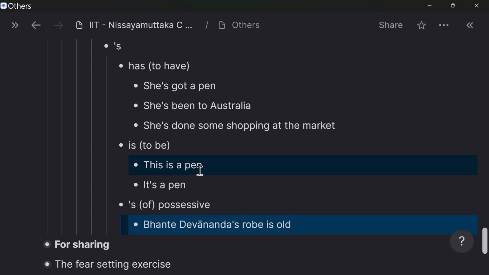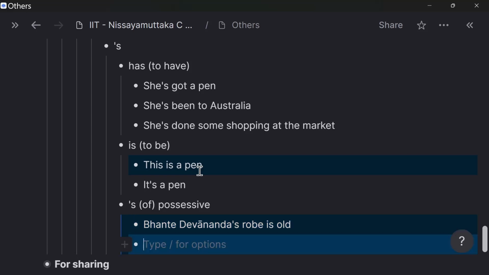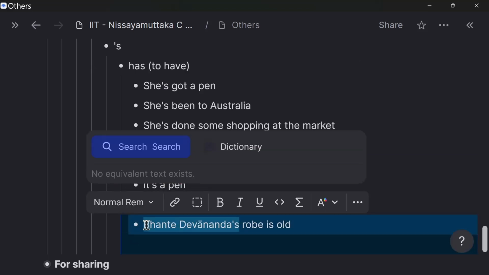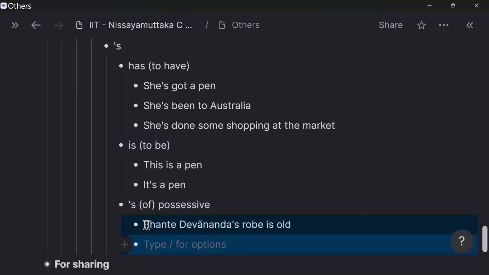Yeah, this apostrophe here is possessive. So how do I change this possessive? I don't want to say Bhante Devananda. I just say the robe. How do I change this whole thing? It robe is old?